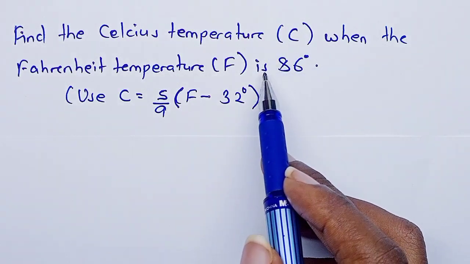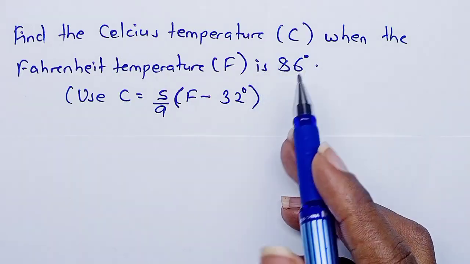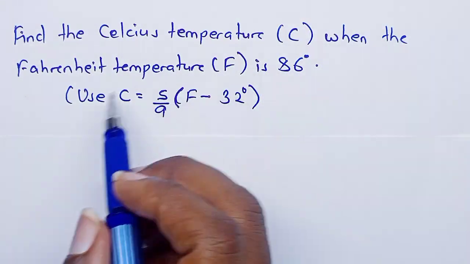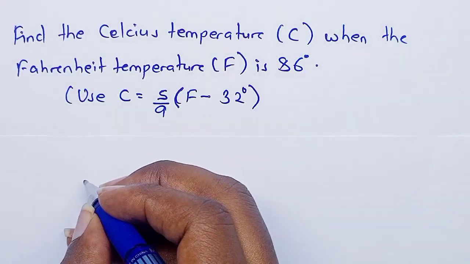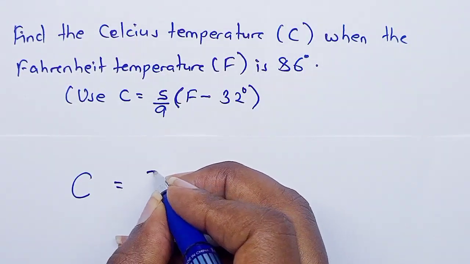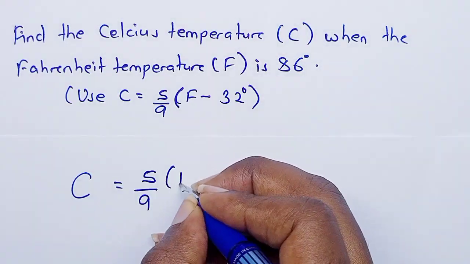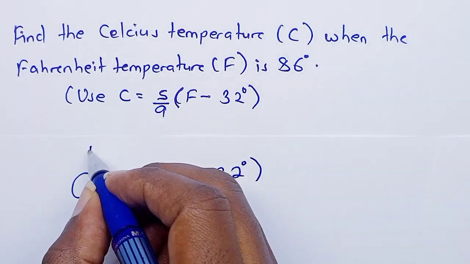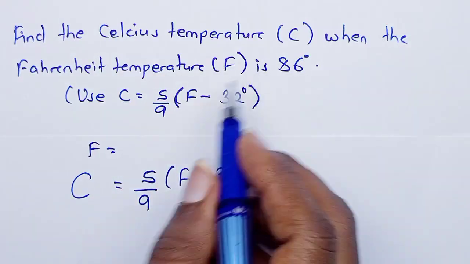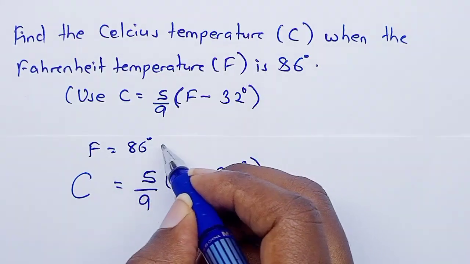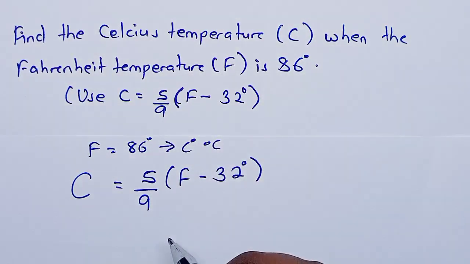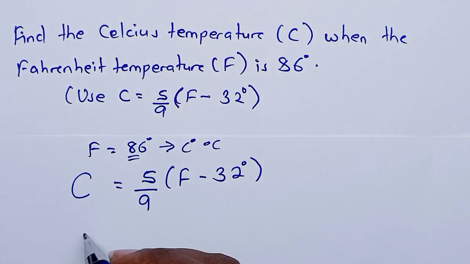So what is 86 degrees Fahrenheit equal to in Celsius? Okay, so the strategy you are going to use is this, which you have been given. C equals 5/9 times (F minus 32 degrees). Now F is equal to 86 degrees, which you want to convert to degrees Celsius.